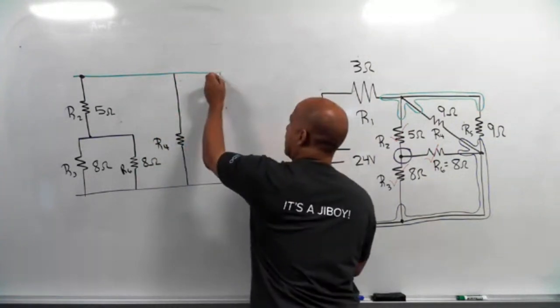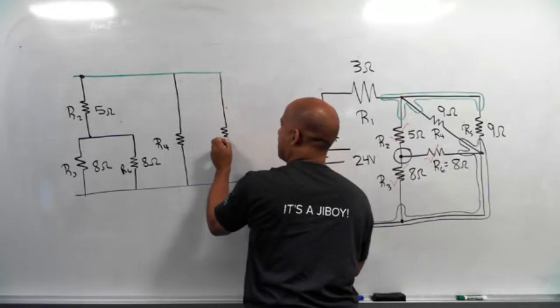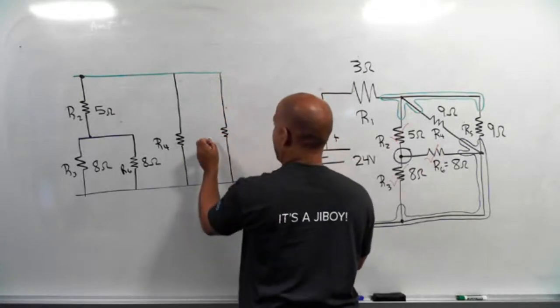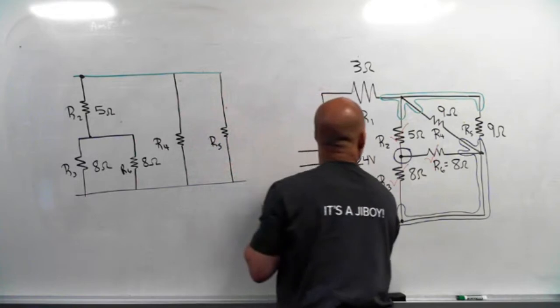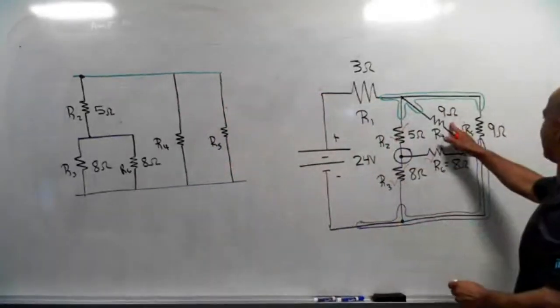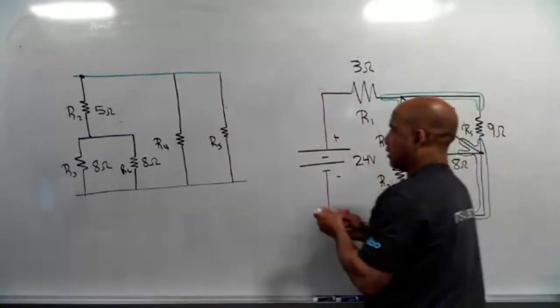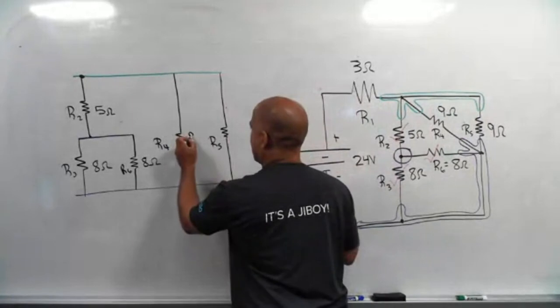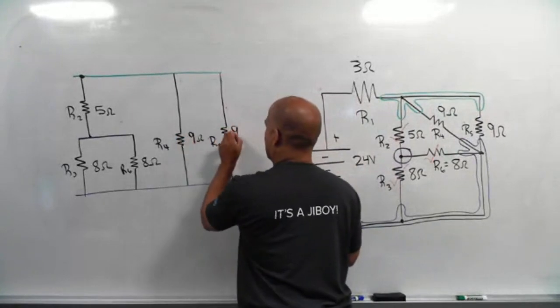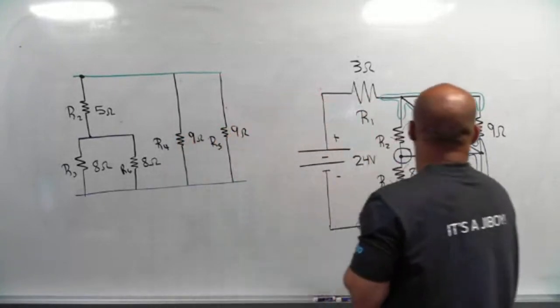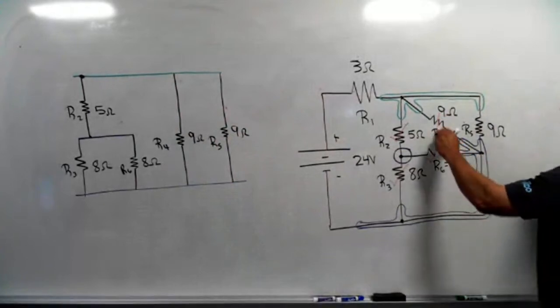I got one here, and that is R5. R4 is 9 ohms. R5 is 9 ohms. And I check those off.